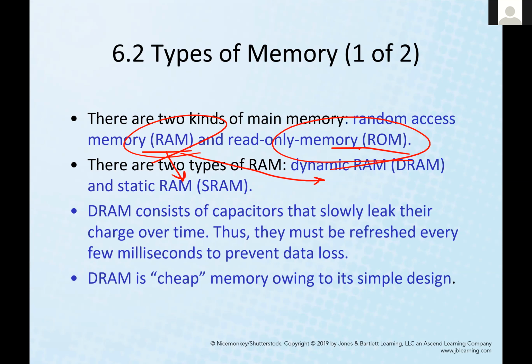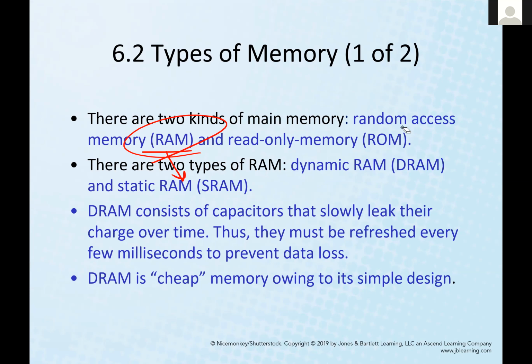Some of that information is in instruction form, some is in data form, like operands. But no matter what kind of data it is, instruction or data, it keeps all of it. Okay, so as I mentioned, we have two types of memory.